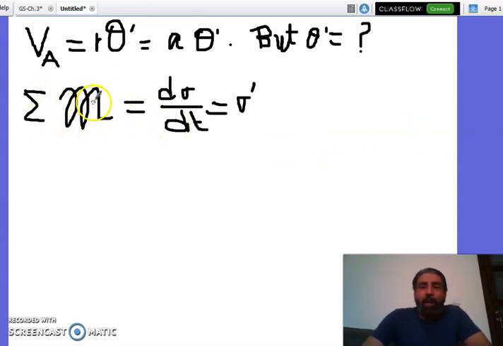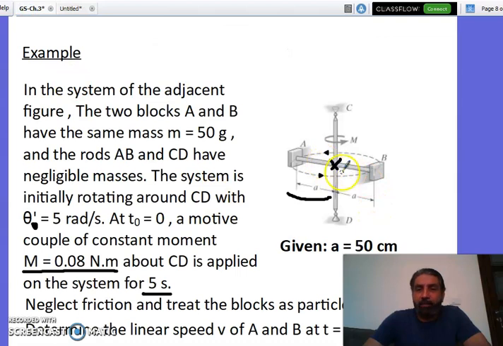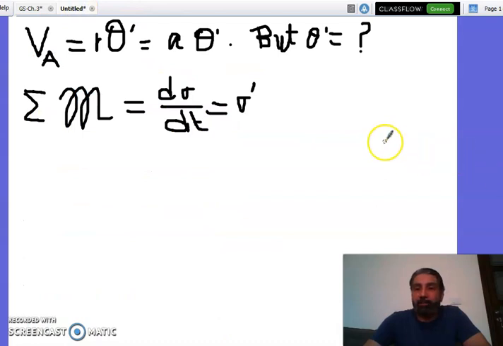But to find the moment, we have to find the forces acting on the system. Here is my system, and here is O. Now A and B have the same mass. So here is the center of mass. That's why I can say here the blocks, I prefer to write it like this in order not to create a misconception.